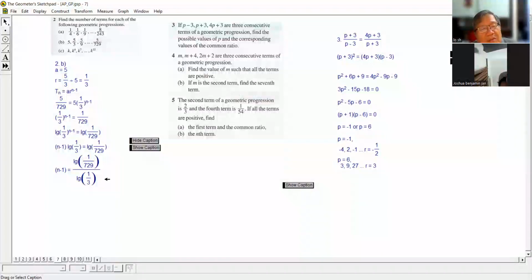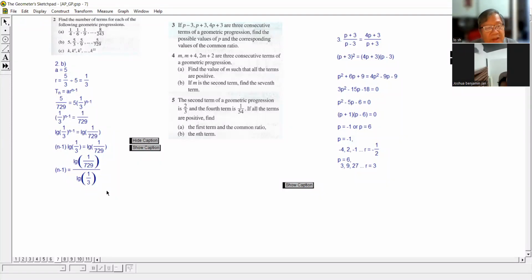Do you know how to type this inside your calculator? You type LOG, then open bracket, 1, then the ABC, 729, close bracket.